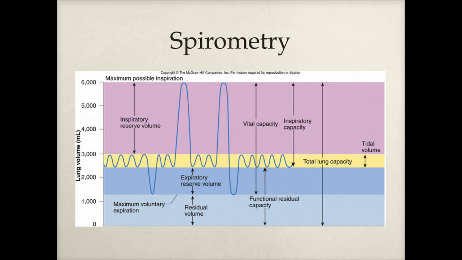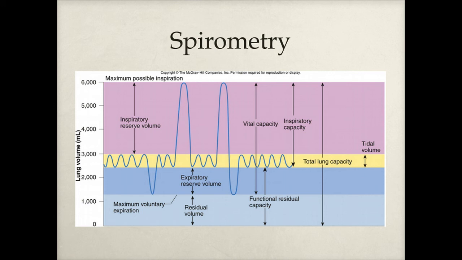One other value that the study question asks you to address is something called dead space. Dead space is the air in the upper and lower respiratory tract that is not in the alveoli. In other words, there's some air that moves in and out of the lungs, but it never gets to participate in gas exchange because it never reaches the alveoli.